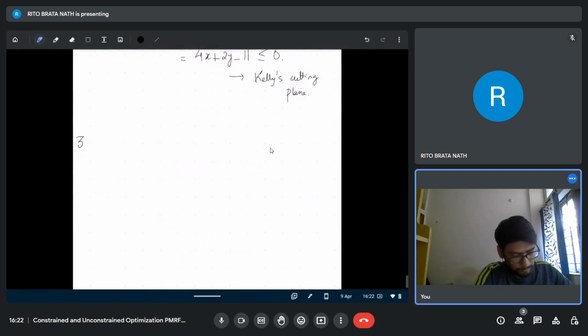The third problem is: which of the following is true for a minimization problem in Zoutendijk's method? It depends on the usable direction and the feasible direction.